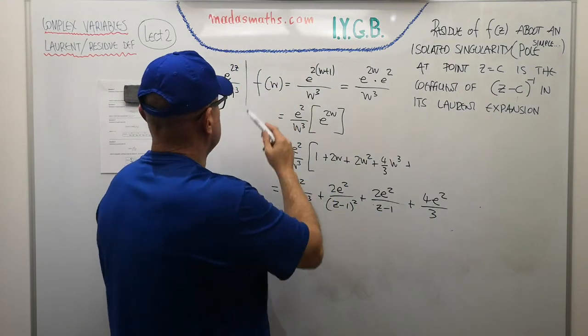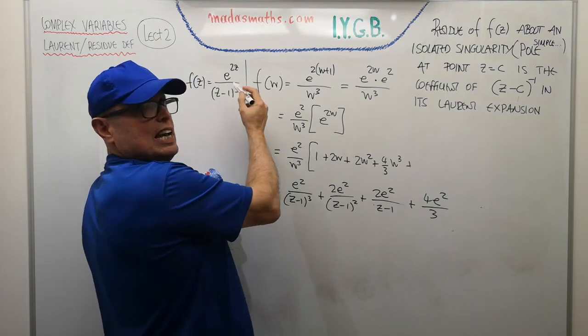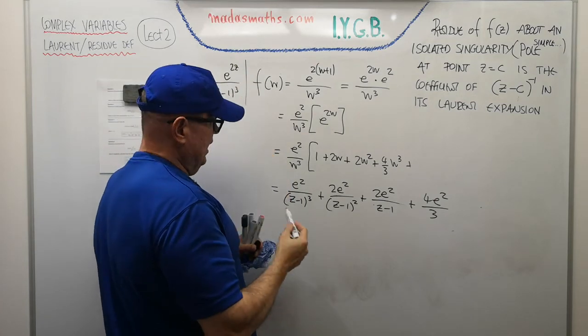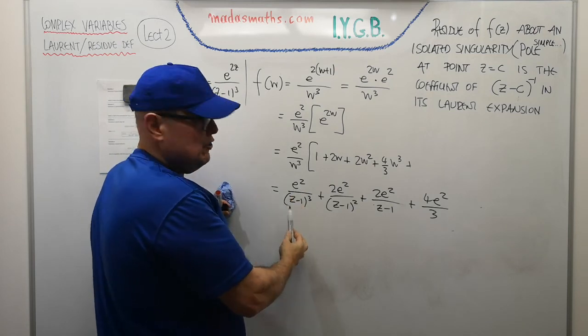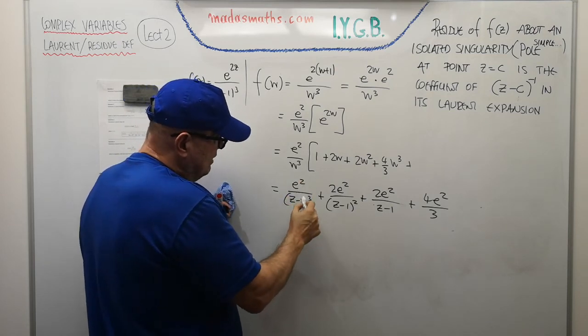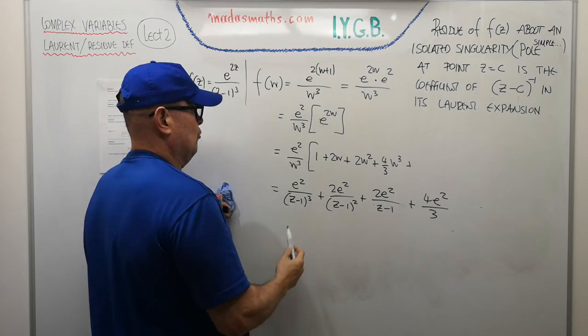So if you look at this particular function, f of z is e to the 2z over z minus 1. Quite clearly that has a pole of order 3 because the Laurent expansion starts with 1 over something cubed in powers of z minus 1.